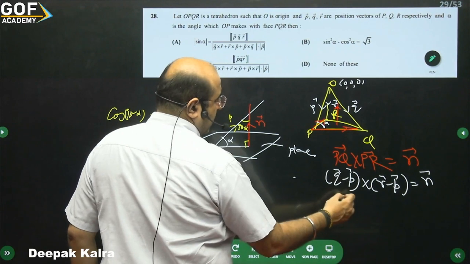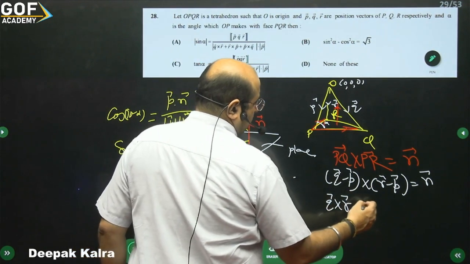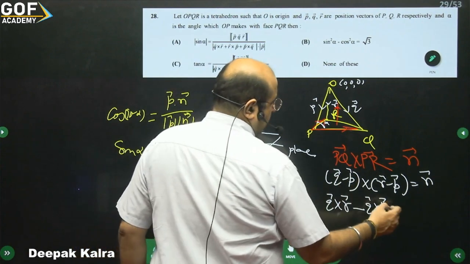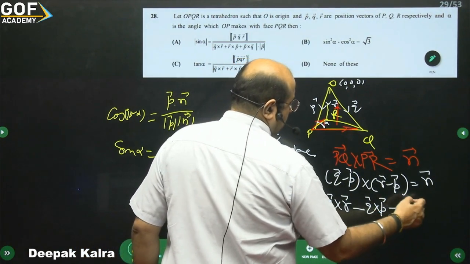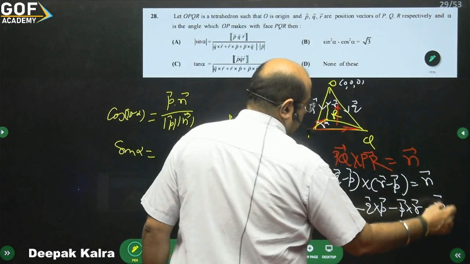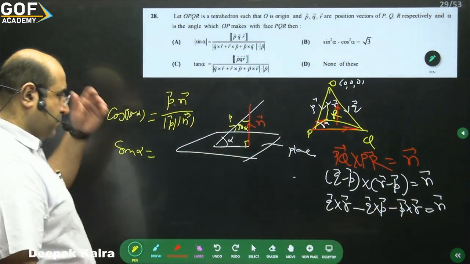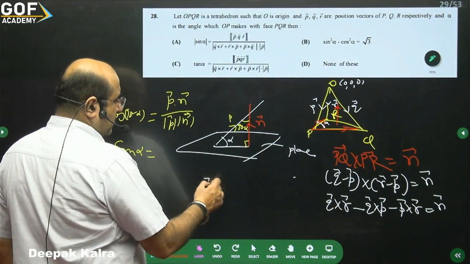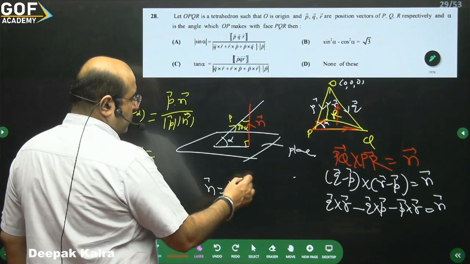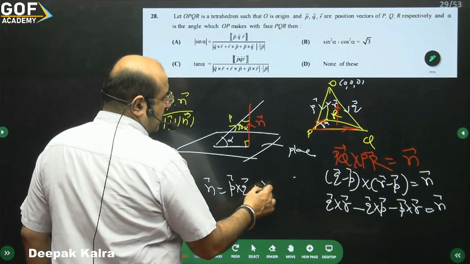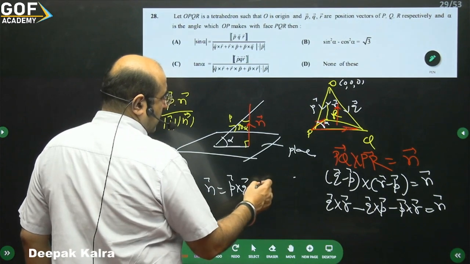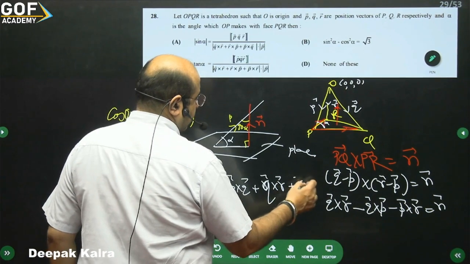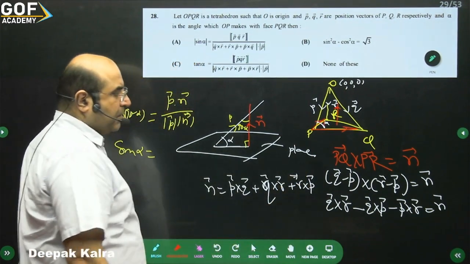Q cross R minus Q cross P minus P cross R, and P cross P is 0. We can write n as P cross Q plus Q cross R plus R cross P, right?